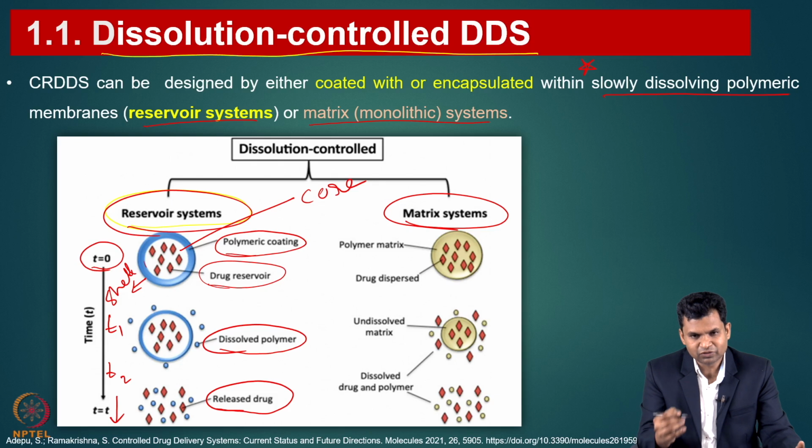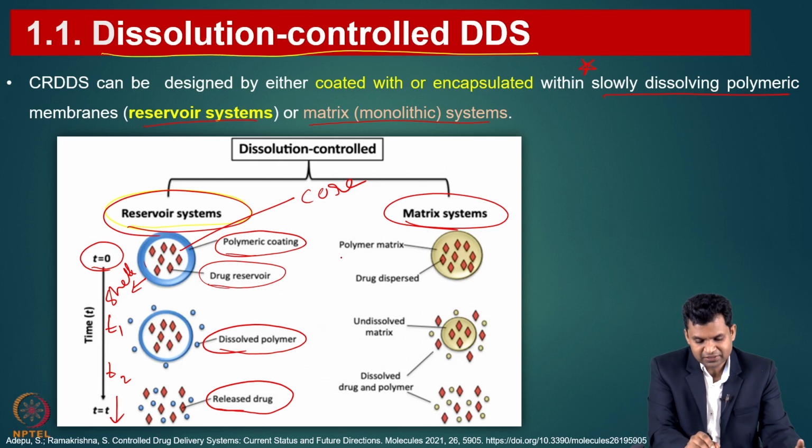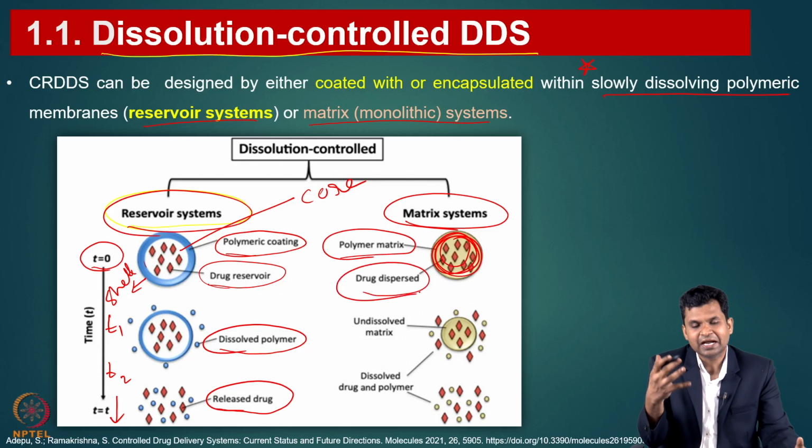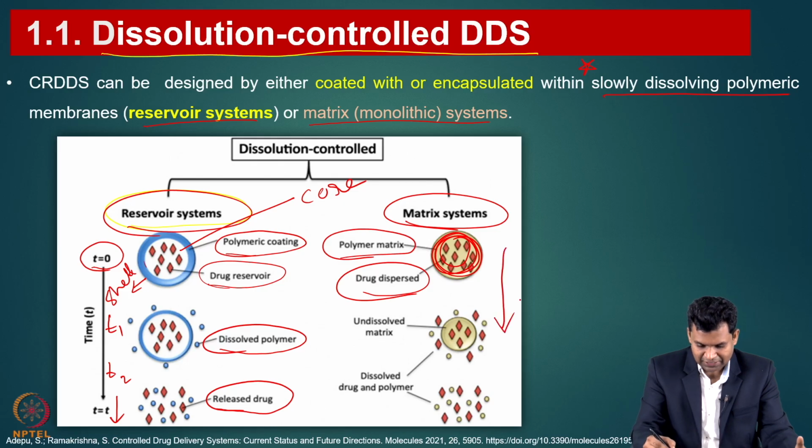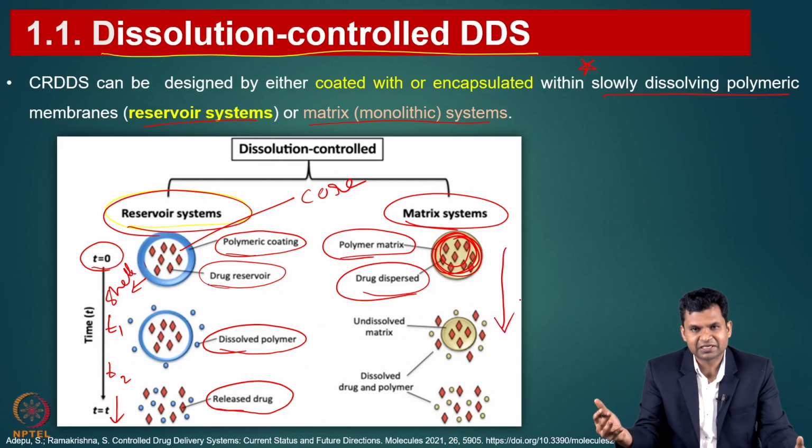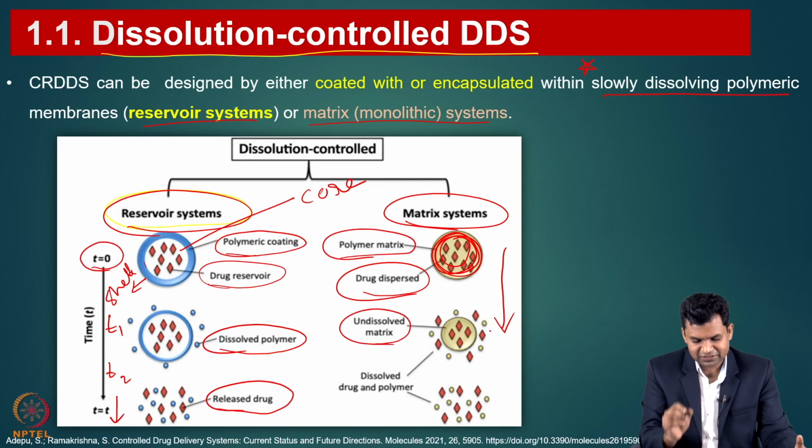So, how does it work? You can see here the representation of the polymer matrix, that is matrixed, and your drug is dispersed, and it looks like one system. There is no core and shell. And as time goes on from 0 to time 1, at different time intervals during the dissolution studies, you can see there is still undissolved matrix available within the system.